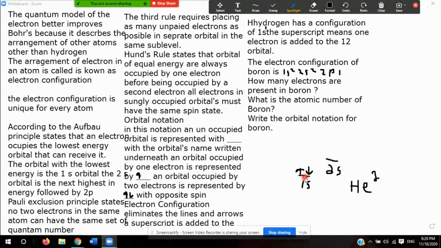I cannot go to another orbital unless this sublevel is fully occupied. So in that case, I could go to 2s because 1s is already occupied. Okay, so that's basically what the third rule is stating.